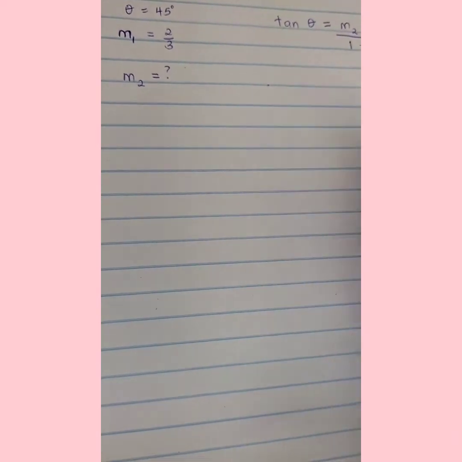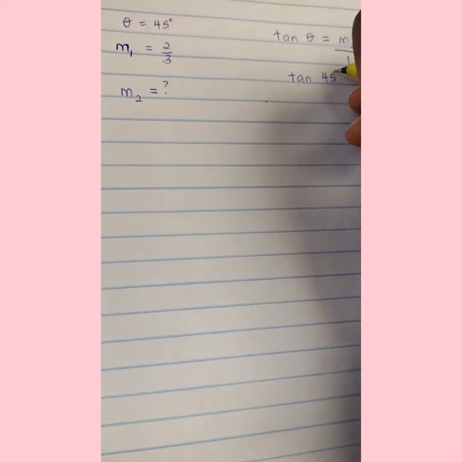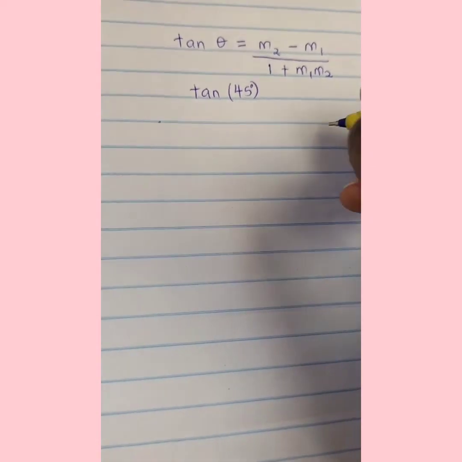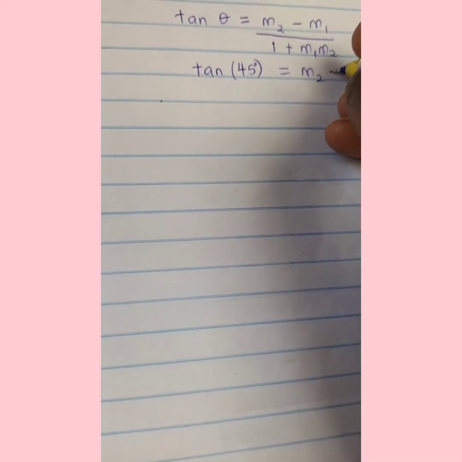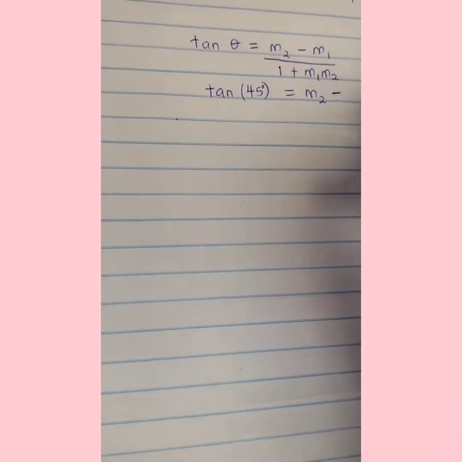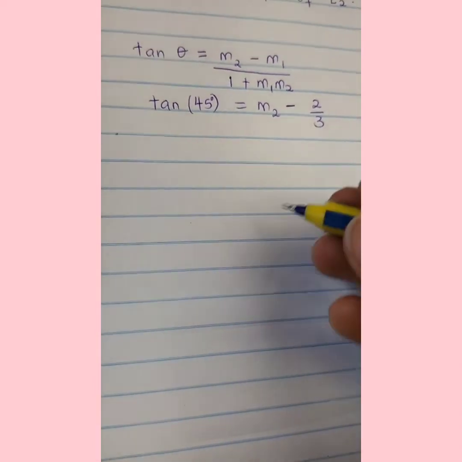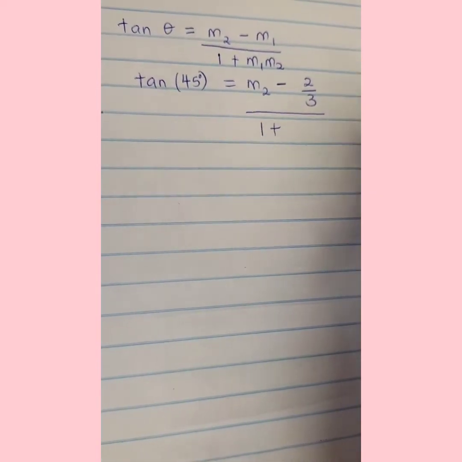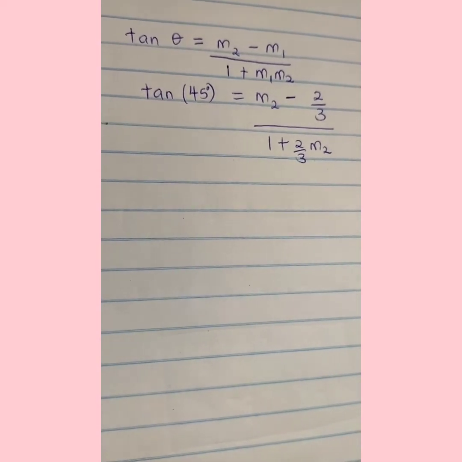It's that easy. So we have the tangent of 45 degrees is equal to m2, which is what we don't have, minus m1, which is 2 over 3. Then the whole of this you divide by 1 plus m1 times m2, what we don't have.